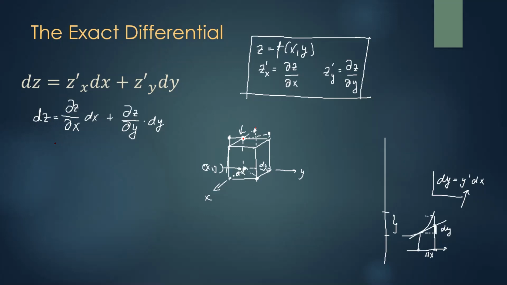Simply the increment. So in general, we understand that when dx tends to 0 and dy tends to 0, then the increment of the function is approximately equal to the differential, to the exact differential, the total increment.